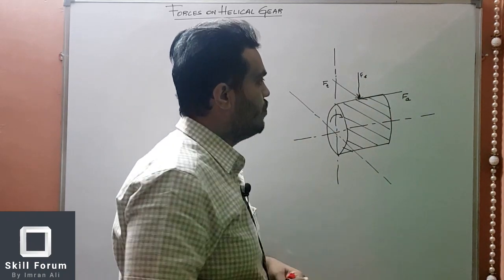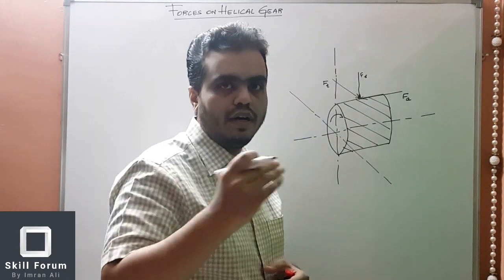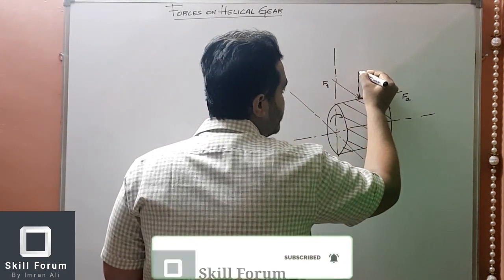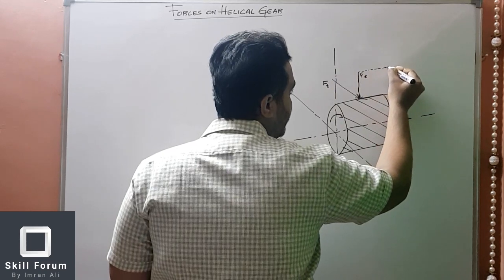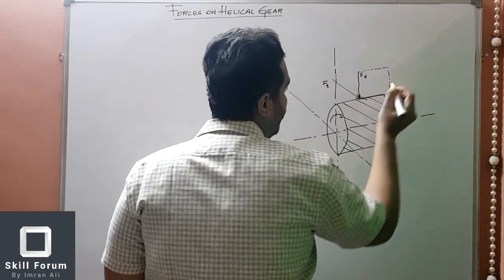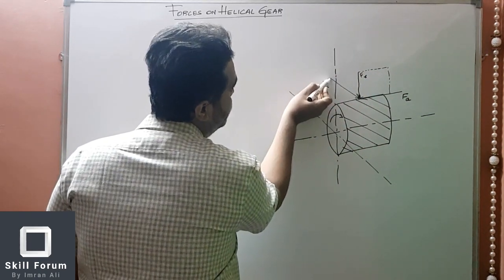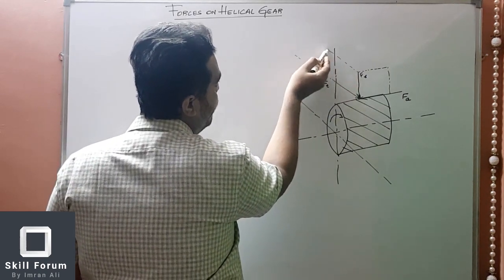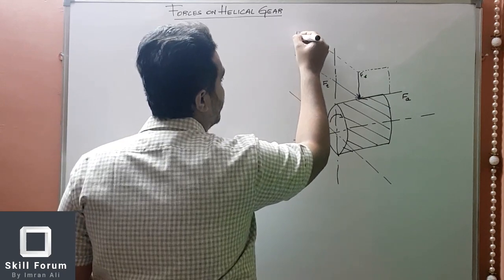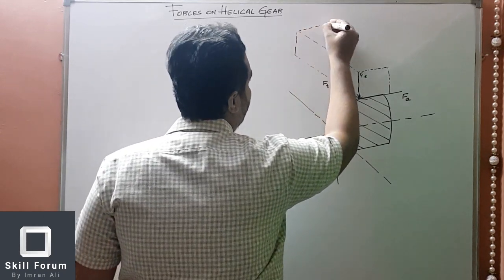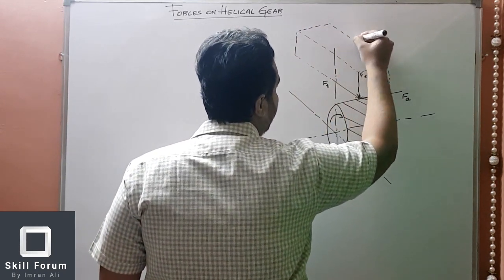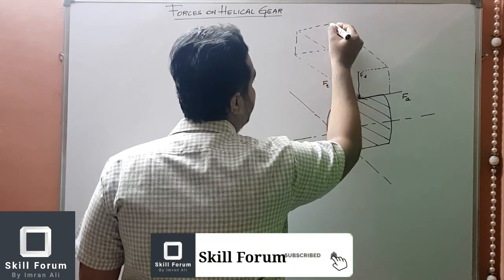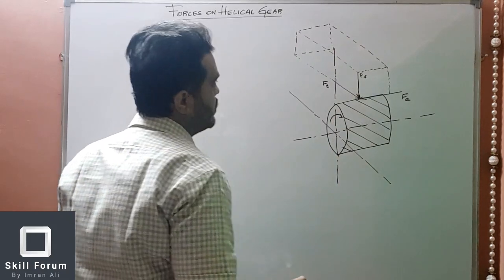To define the reaction force or normal force, with respect to all these three forces, we will get one cuboid structure. See here, this is the cuboid structure. With respect to this we are going to find all the forces.